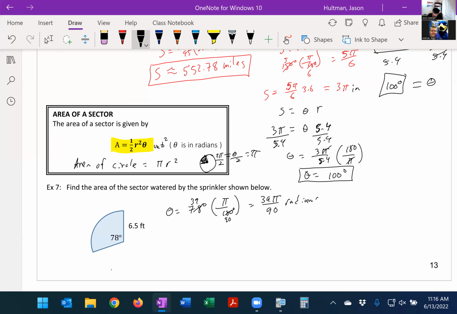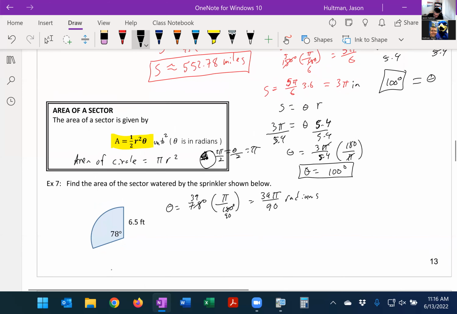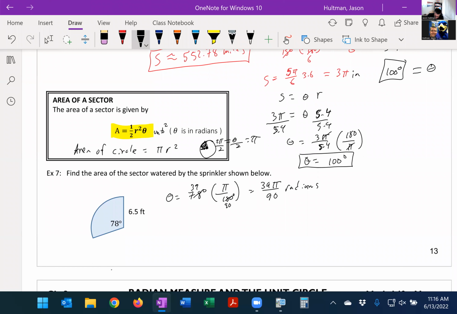That's the radian measure of my angle. And so for the sector area, this is a sector. A sector is a piece of circle. For the sector area, we're going to say that this is 1/2 r squared.